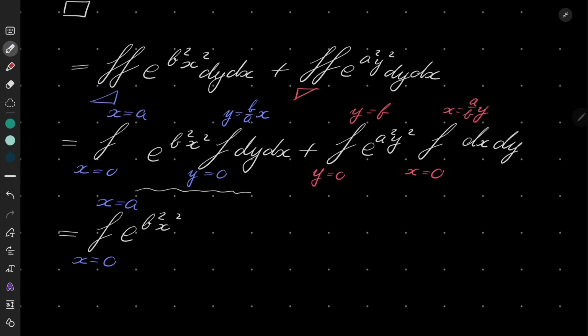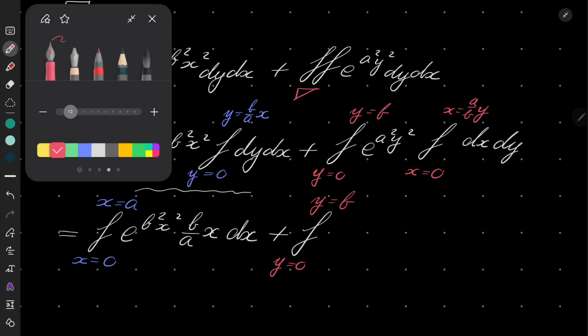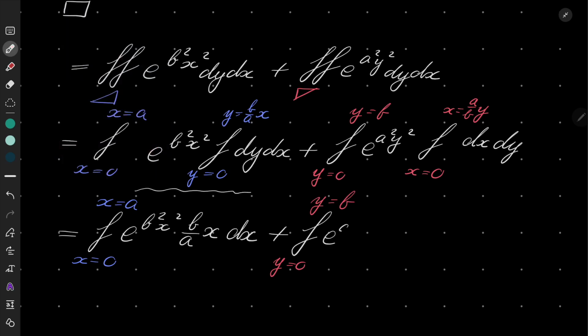The integral of 1 is just the length of the interval of integration. This length is of course b over a times x dx. And here we have the integral from y equals 0 to y equals b of e to the power a squared y squared. Again, the length of the interval of integration is a over b times y this time.